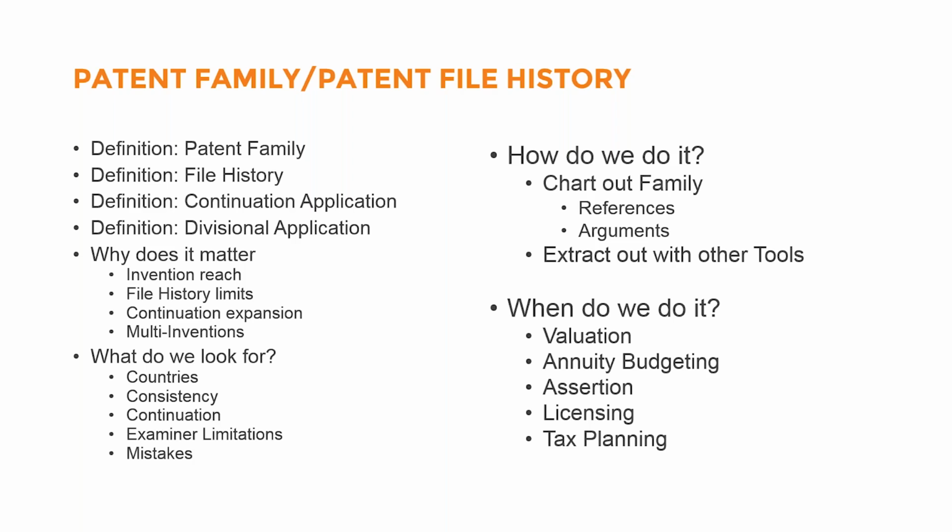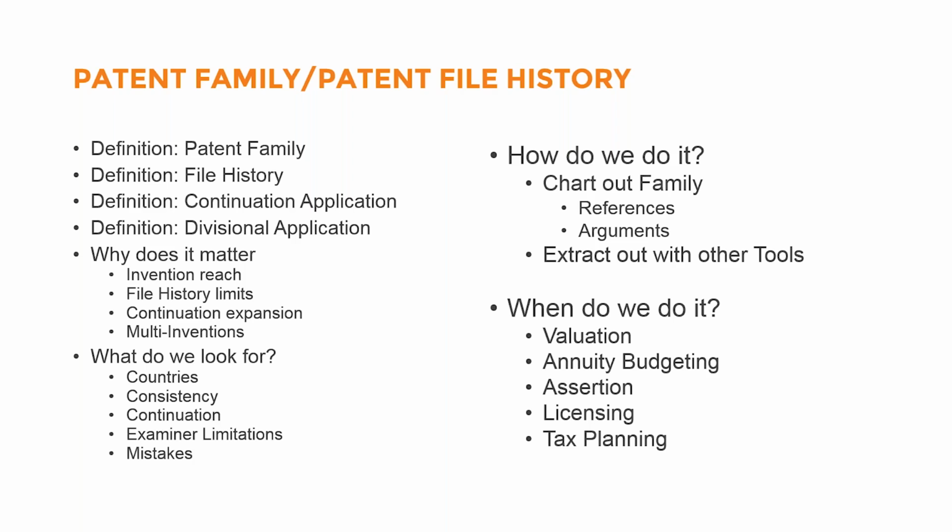You've got to take a look at where the claims started, where they ended up, why they ended up that way, and what are the differences in the scope between matters within a family in a country and matters within that family from an international perspective. And what we're going to look for here is that consistency.